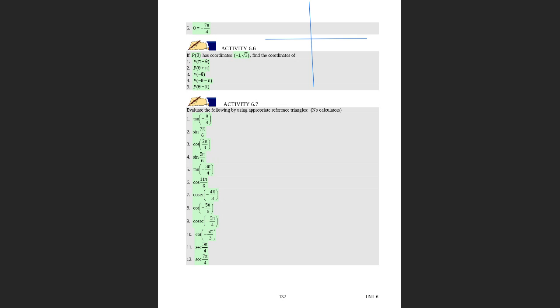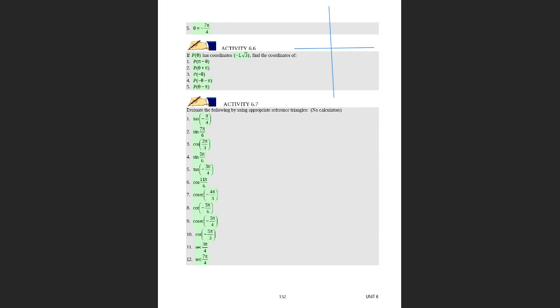It says that if here is theta, the coordinate of theta, which we don't know, is negative 1 and root 3.